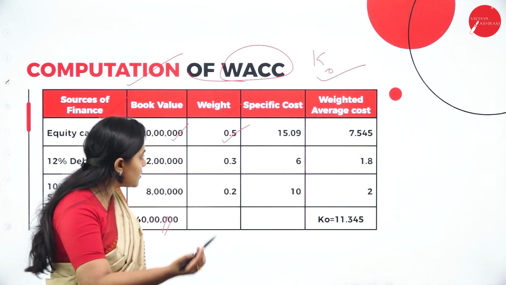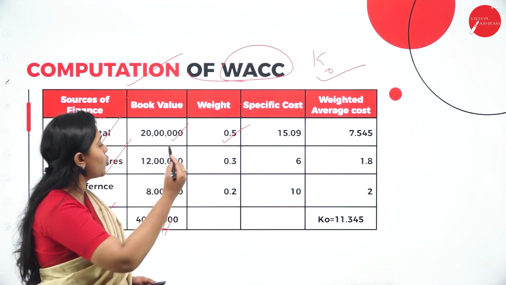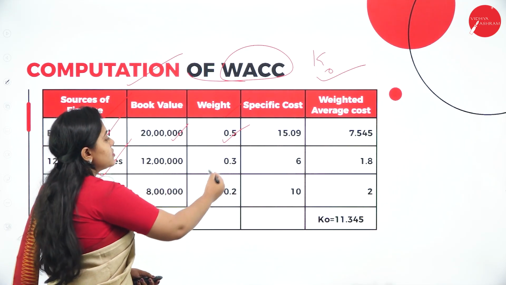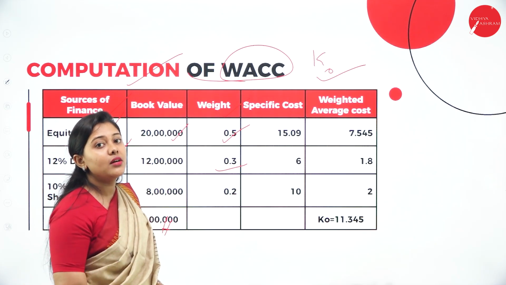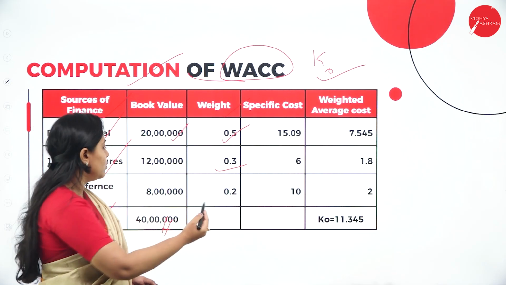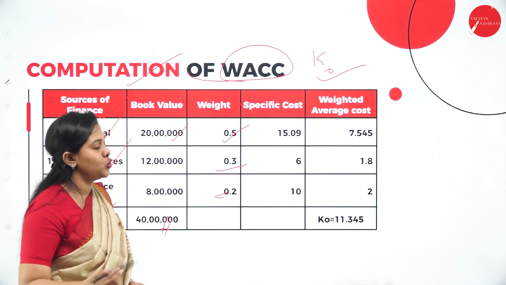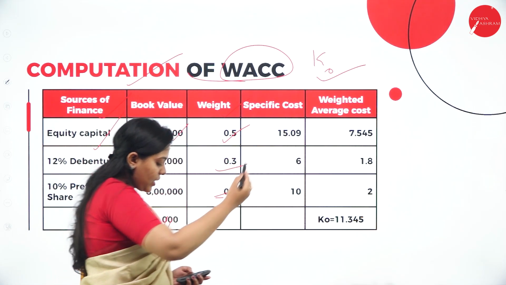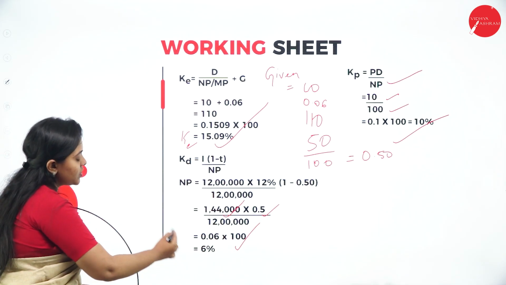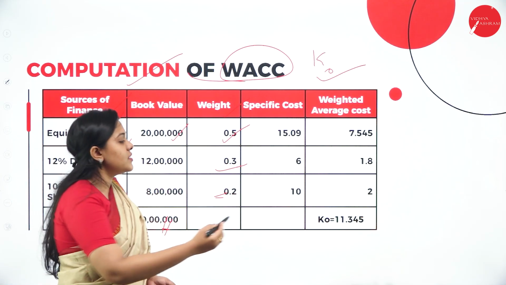Similarly, we have 40 lakh here, and 12 lakh as the individual book value of the debenture. 12 lakh divided by 40 lakh gives 0.3. That is the weight of the debenture. For the preference share, book value is 8 lakh divided by 40 lakh, and the weight you get is 0.2. And this specific cost we have calculated. The specific cost of equity capital is 15%, of debenture 6%, and of preference 10%.